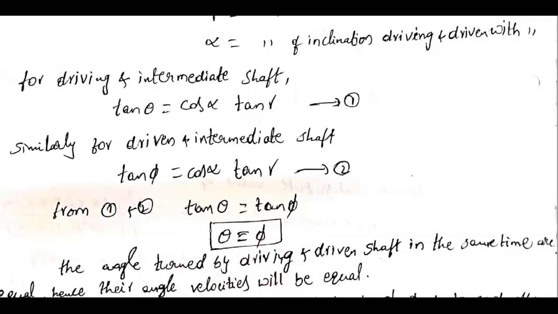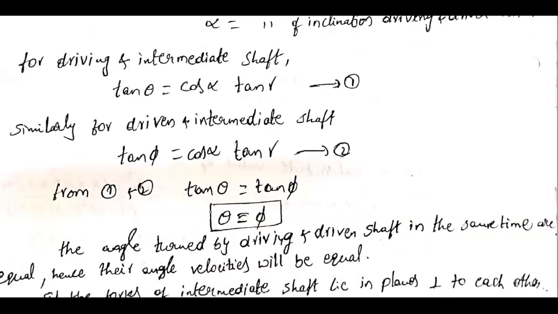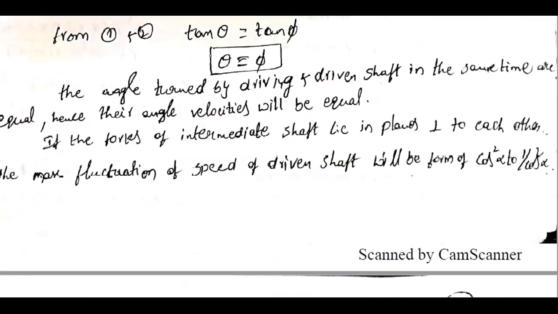Now just observe that they may also give one more relation. If the forks of the intermediate shaft lie in planes perpendicular to each other, the maximum fluctuation of speed of the driven shaft will be from cos square alpha to 1 by cos square alpha.